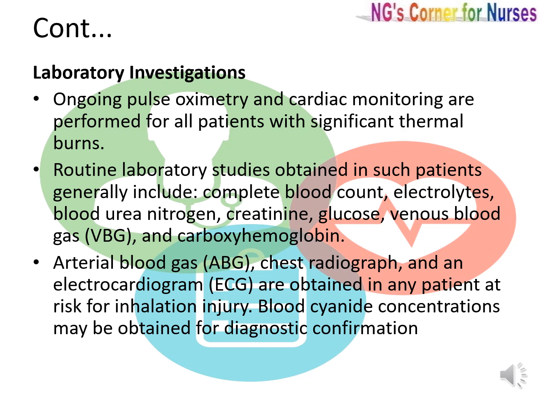Next, arterial blood gas, chest radiograph and an electrocardiogram are obtained in any patient at risk for inhalation injury, and blood cyanide concentrations may be obtained for diagnostic confirmation in this type of patients.